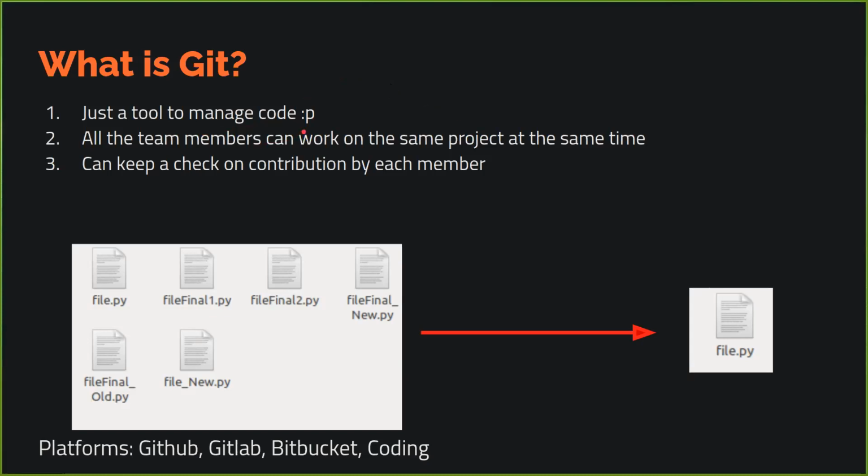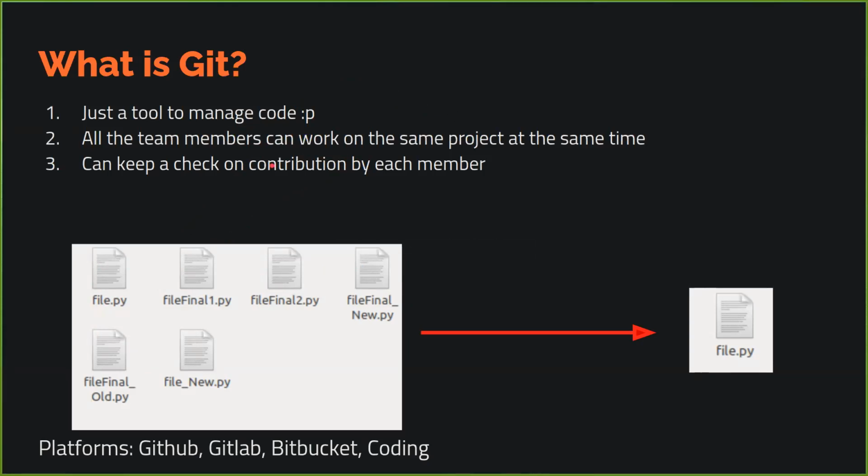So Git is a version control system. Basically, maybe this is a project. The screenshot that you see here is a project. There are a lot of files here. Maybe you're working on this, and let's say the present state of your project is stable, and you want to checkpoint it. Maybe you want to say that this is a good point to come back to if something goes wrong with my project.